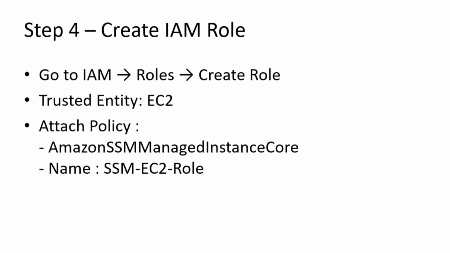Then, we attach the Amazon SSM Managed Instance Core policy, which grants the necessary permissions for Systems Manager to manage the instance. Finally, we name this role SSM-EC2-role. With this badge in place, our instance will have the keys to communicate securely with Systems Manager, enabling remote management without exposing SSH ports or public keys.